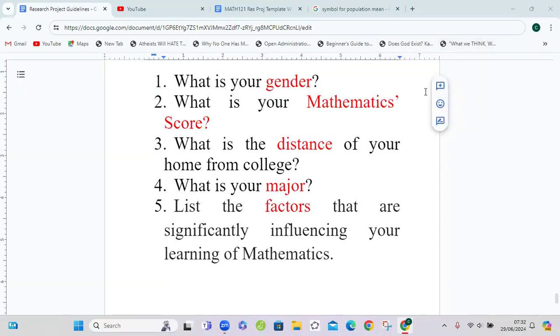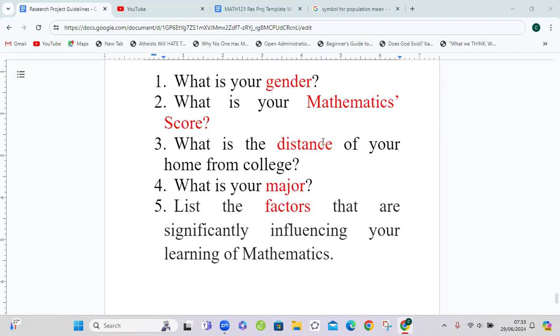So in the questionnaire, you would have questions like, what is your gender? Okay, because you've got a research question that involves gender. What is your mathematics score? So right away, the respondent will answer you immediately. What is the distance of your home from college?